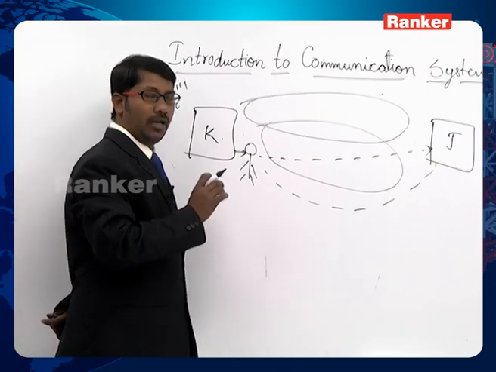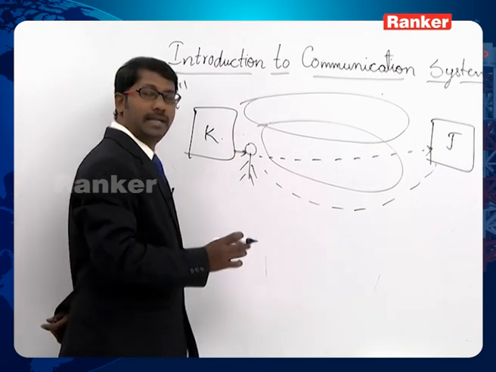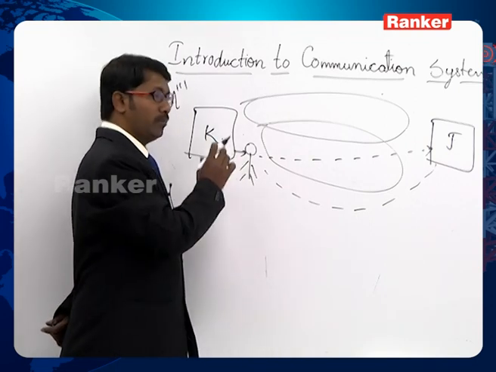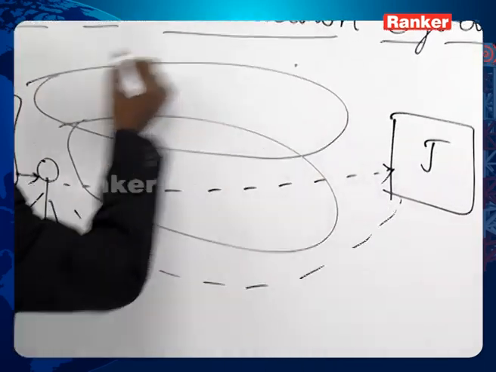In this case, the only way you can convey your message from one end to the other is by sending your messenger. That is one thing. This is becoming very tedious.